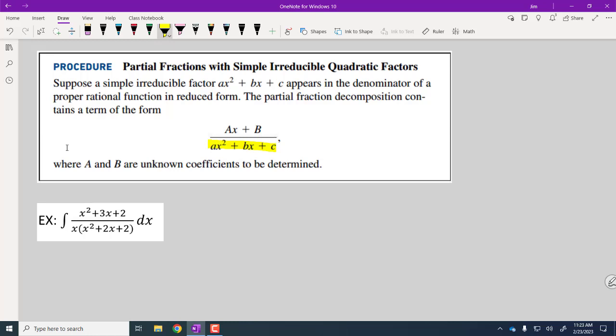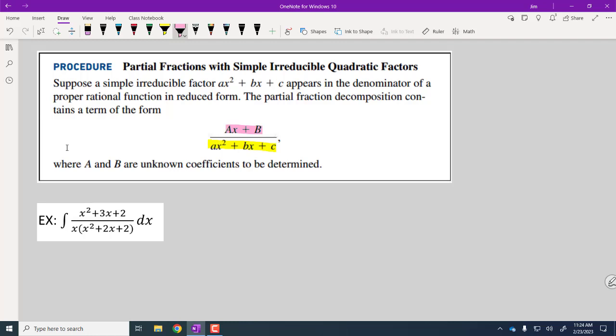When you do the quadratic formula, if b squared minus 4ac is negative, you get an imaginary. But notice the big difference here is that if you have an irreducible quadratic in the denominator of one of your partial fractions, instead of the constant numerator, we have a linear numerator. So with the other ones, we had a linear factor in the denominator, like x plus 5, and we had a constant up top. Here we have a linear expression in the numerator.